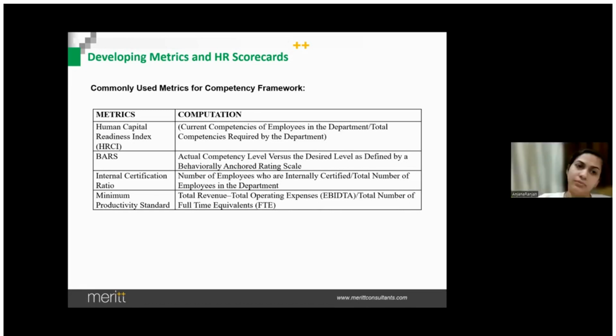It is a measure of the readiness level of your critical positions, having the required knowledge, skill, and competencies to execute the strategy of the organization. Got it?